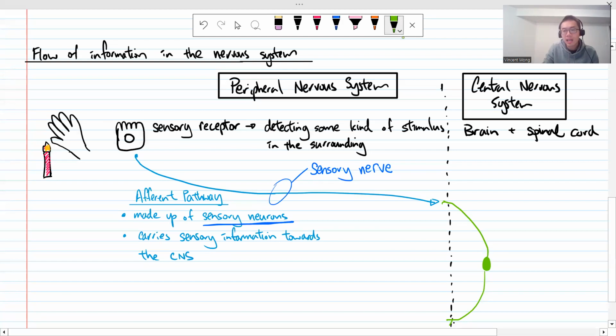Now, inside the CNS, we're gonna have these special neurons with the two tails. We call them interneurons.